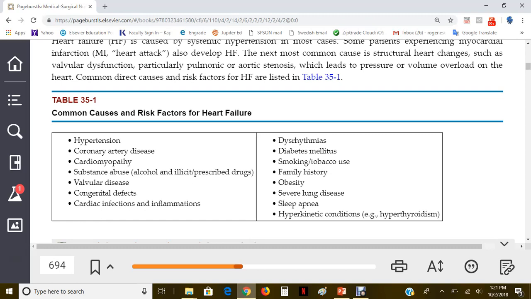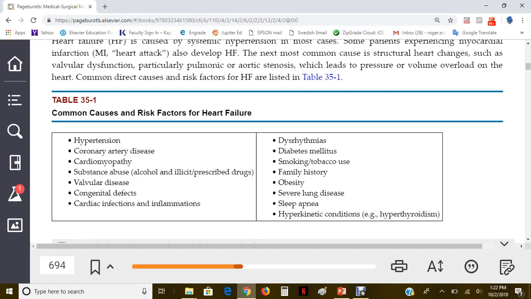So hypertension increases afterload. Coronary artery disease also causes increased afterload because the coronary arteries again perfuse during diastole. So if the patient's cardiac output is low, then that means coronary artery perfusion is also low.